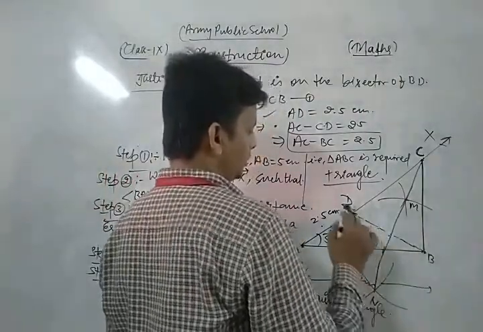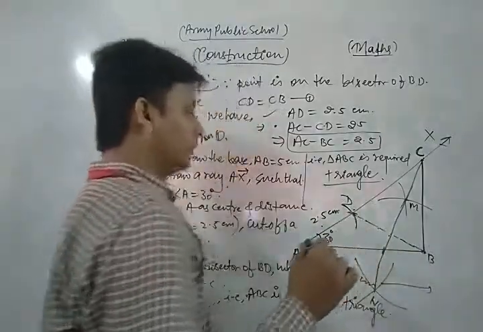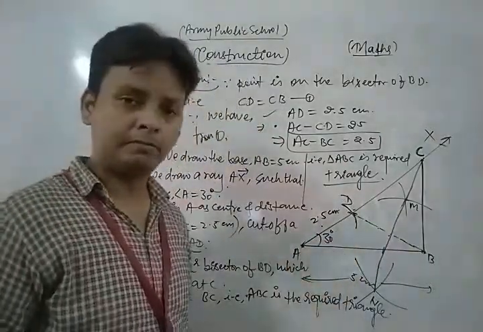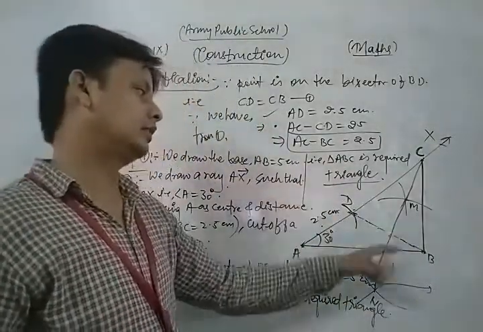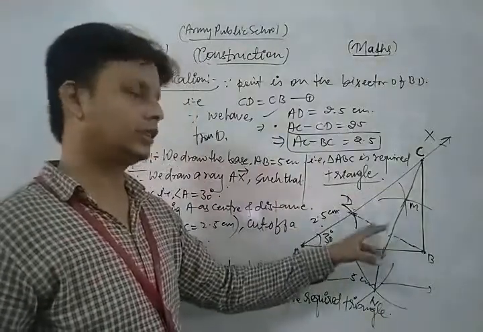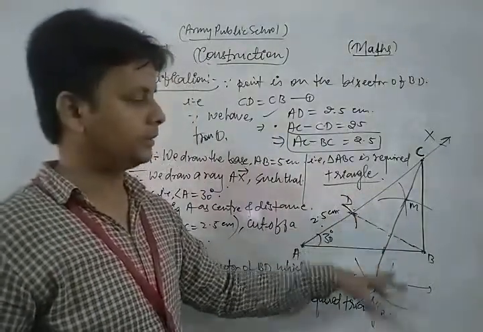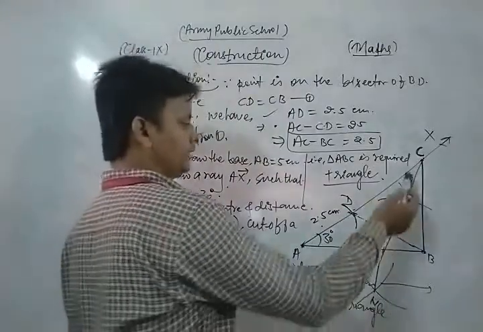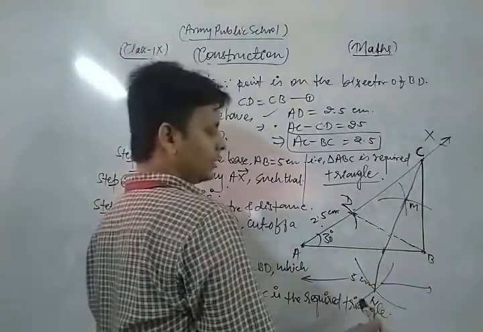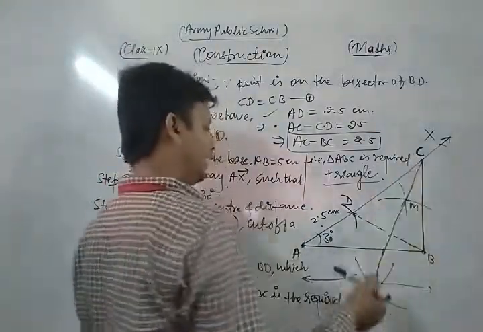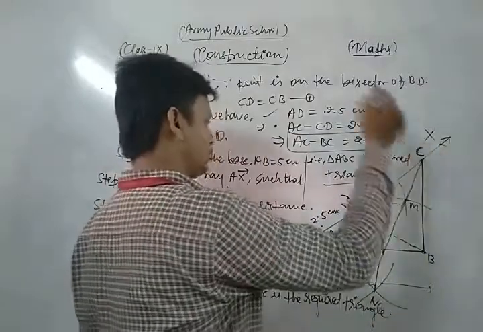Then we join the two arc points and produce it, which cuts the ray AX at point C.